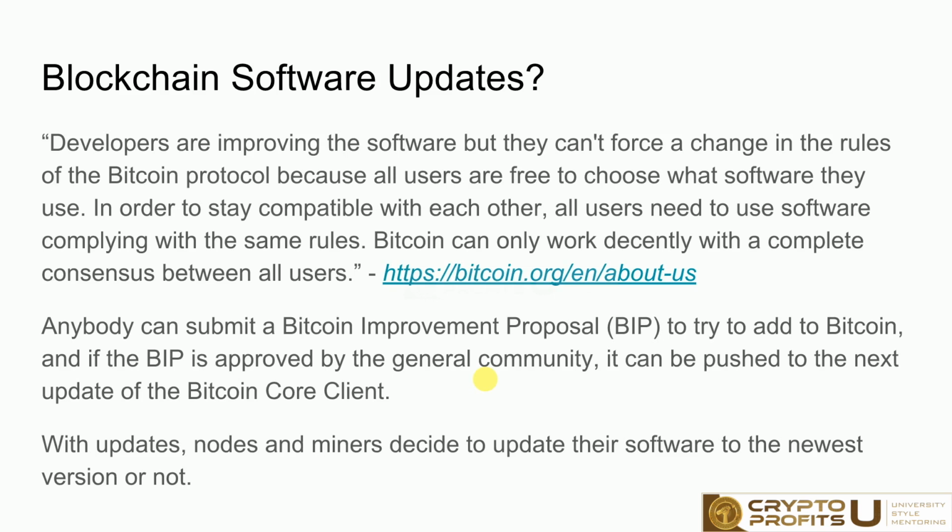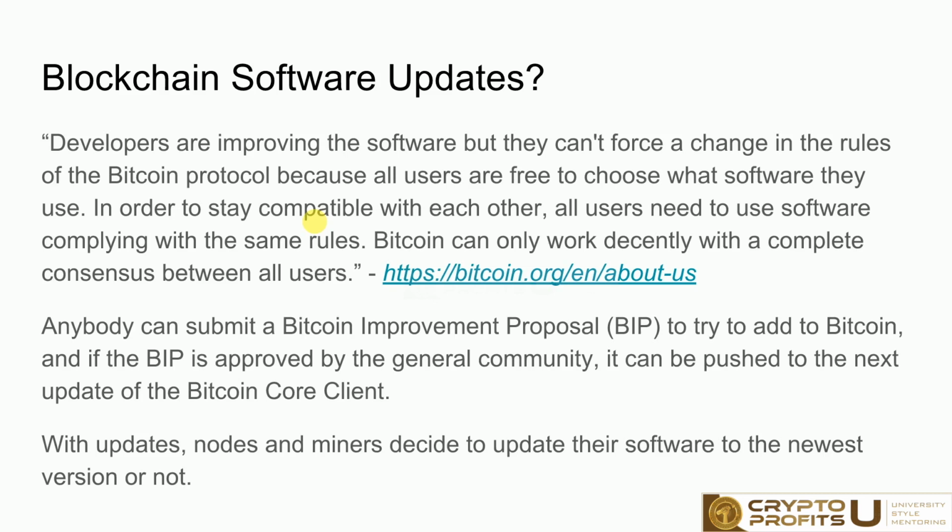And that's just like users being free to choose what kind of iPhone they have or other smartphone. And it says here, in order to stay compatible with each other, all users need to use software complying with the same rules. Bitcoin can only work decently with a complete consensus between all users.